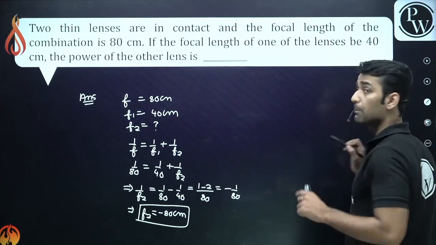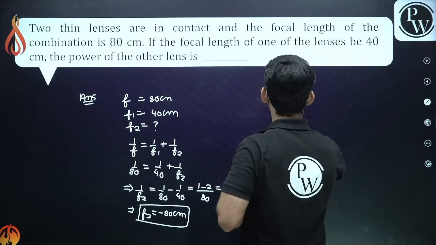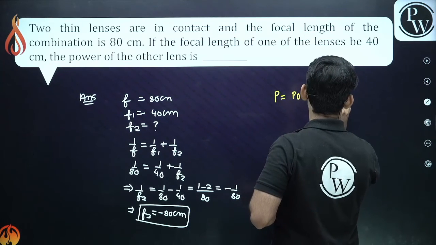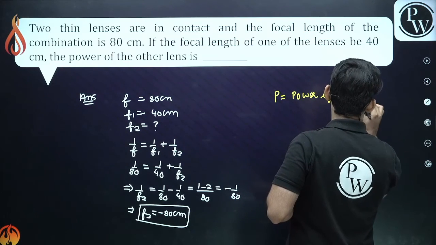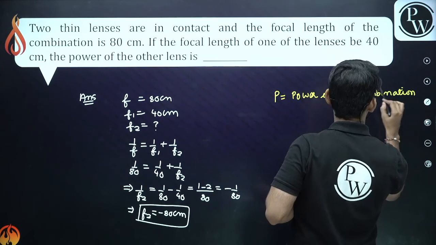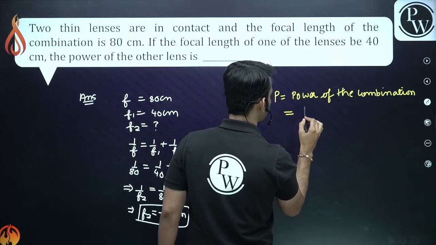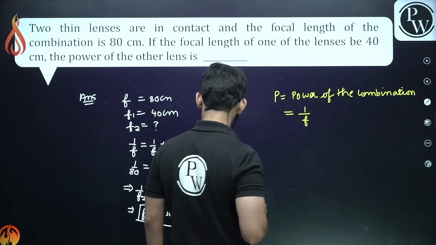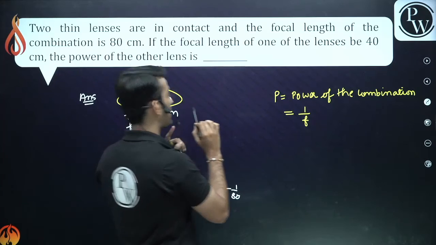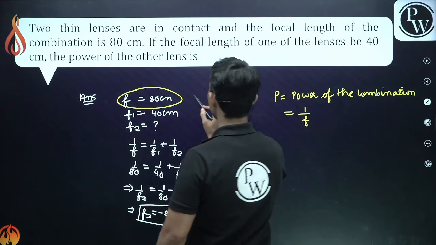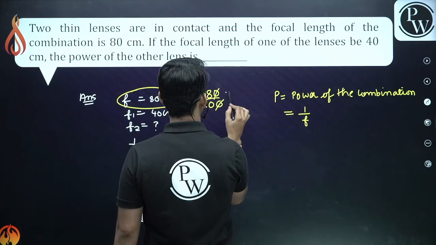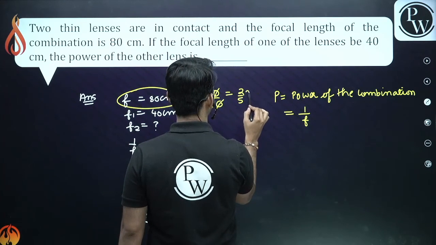Now what would be the power of the effective lens? Power of the combination, if I ask you, how would you calculate that, guys? It is nothing but the reciprocal of F, the effective focal length. But you have to convert this focal length into meter, I had told you. So it would be 80 by 100, so it is 2 by 5 meter.